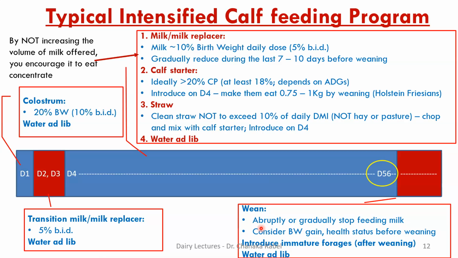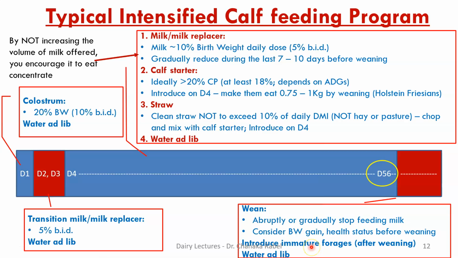Changes in feeding, housing, all these need to be done gradually, and weaning is no exception. Stopping milk, changing housing, changing calf starter, changing type of roughage, all these need to be done gradually. So I'll go into details on that when we talk about weaning.